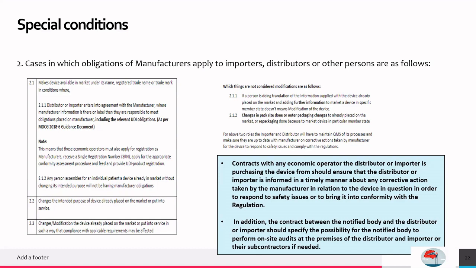For example, what are the things that are not considered changes? Changes to a device already placed on the market or put into service in such a way that compliance with applicable requirements is not affected. Point 2.3 mentions that these cannot be called a manufacturer. In 2.1.1 on the right, you can see these are the changes, like doing translation of the IFU, adding further information into the device which has to be marketed because the EU member state has a local requirement, change in pack size, or outer packaging changes.